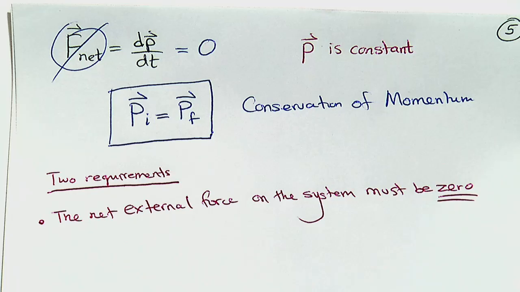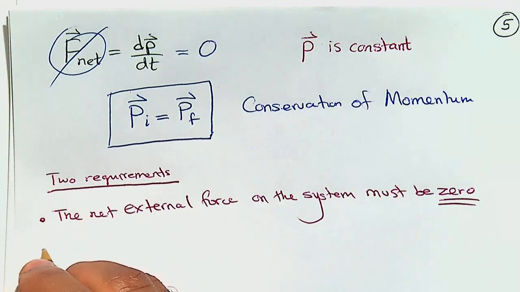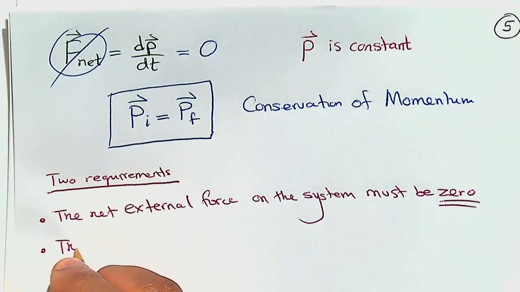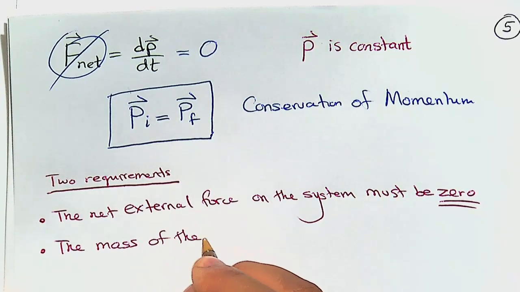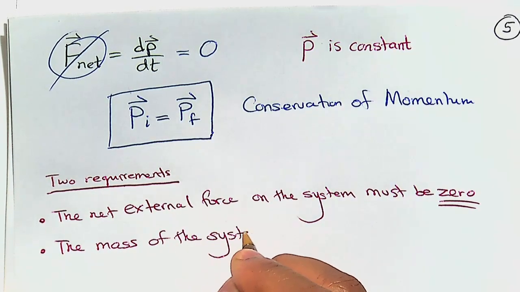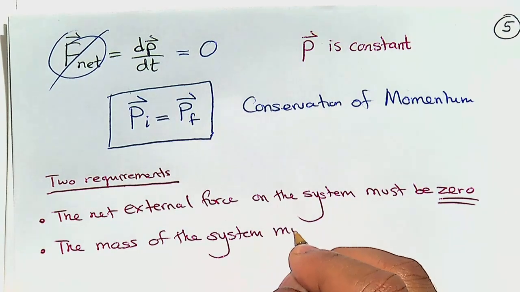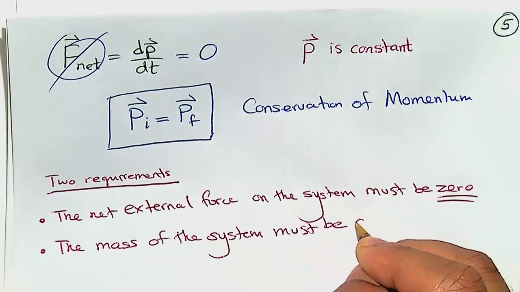That's Newton's second law. The second one is that the mass of the system must be constant.